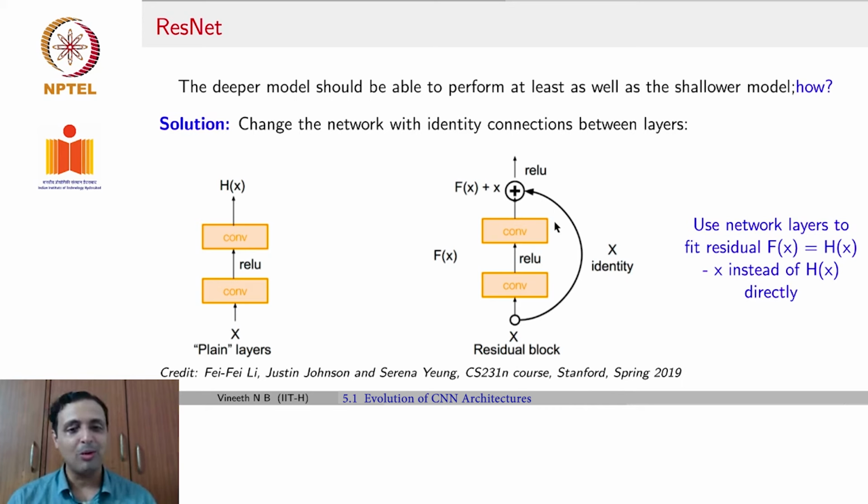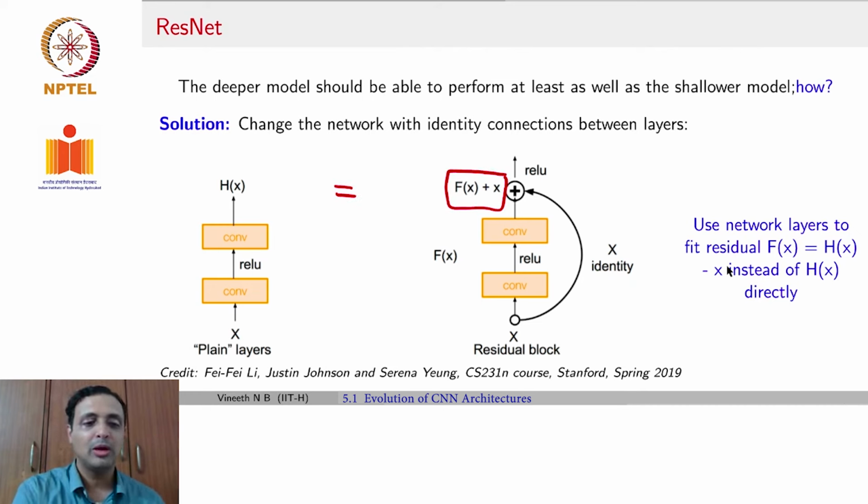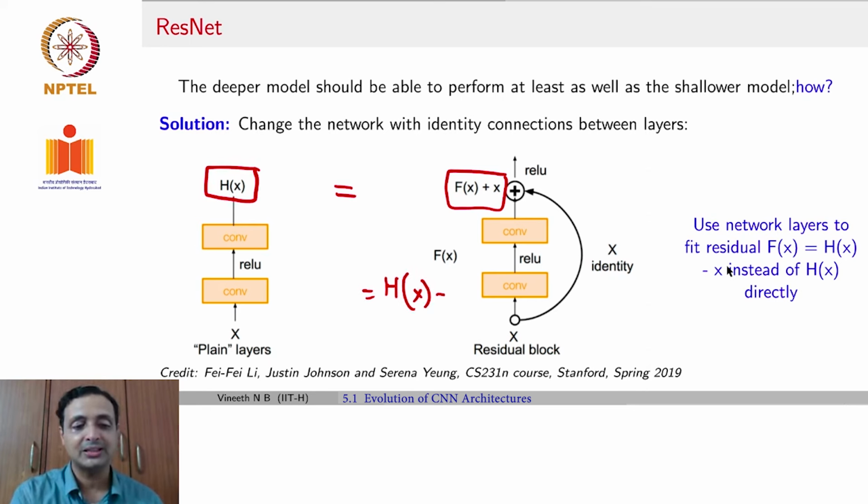Why is it a residual block? Because originally these layers captured a function H of X, but now these layers capture the residual H of X minus X. Remember, now we are saying here that this together here must be equal to H of X, or rather F of X will be H of X minus X, which is now the residual rather than H of X itself.